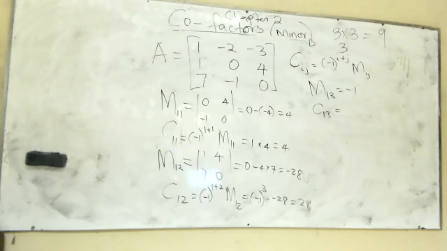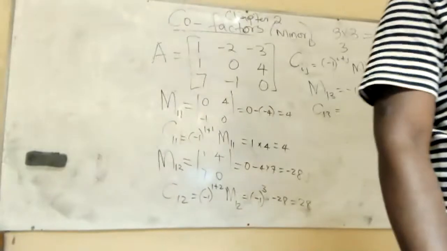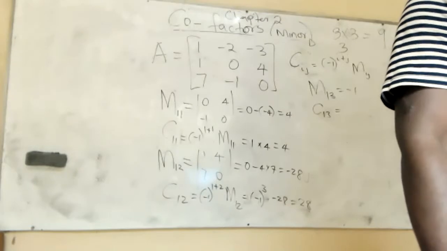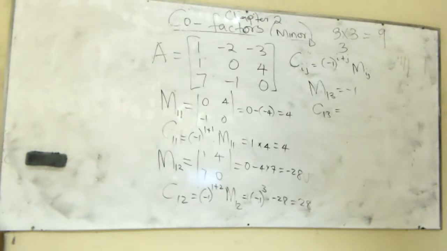Isn't it 1? Yes, 1 plus 3. Then it's -1 to the power 4 times 1, times 3. I'm getting 3.